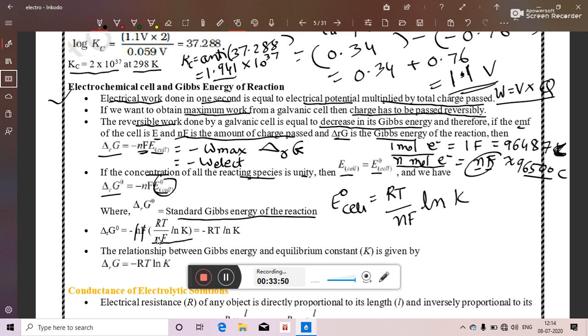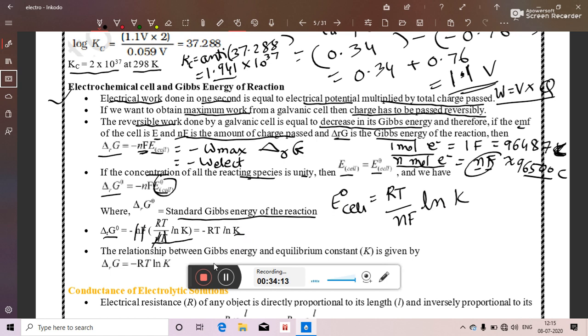So another equation of delta G naught which we will be getting is minus RT natural log of K. So this is the equation which is giving the relation between standard Gibbs free energy change of the reaction and equilibrium constant.